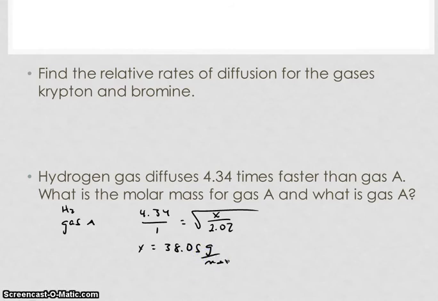Now we want to identify what the gas is, and when we look on the periodic table, there is no particular element that has a molar mass of 38.05 grams. But if we think about our diatomic molecules, fluorine, which is diatomic, would be 38. So our unknown gas must be fluorine.